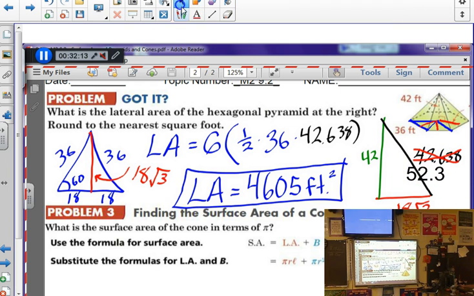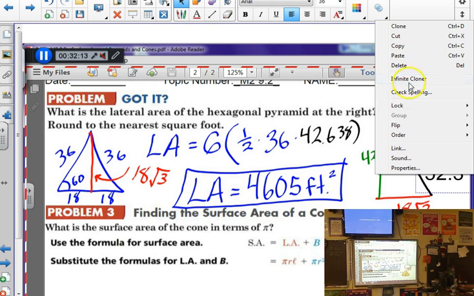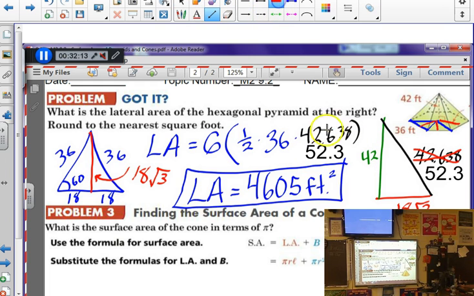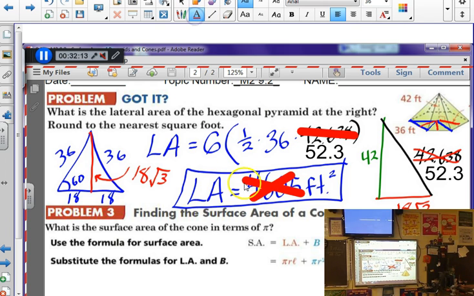Then we got to change this one to 52.3. And when we change that calculation, our 4605 actually becomes, what do we get? 5648.4.